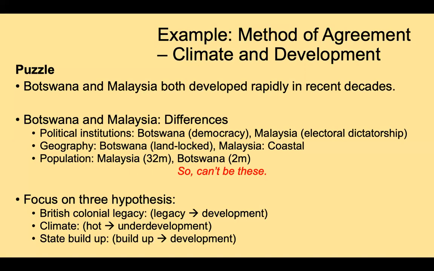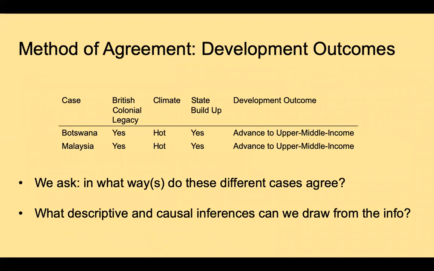And what we'll do is we'll look at Botswana and Malaysia and we'll look at their values on those 3 hypotheses. And we'll see what we can conclude using the method of agreement to analyze them. So this is the setup. We've got our 2 cases here.